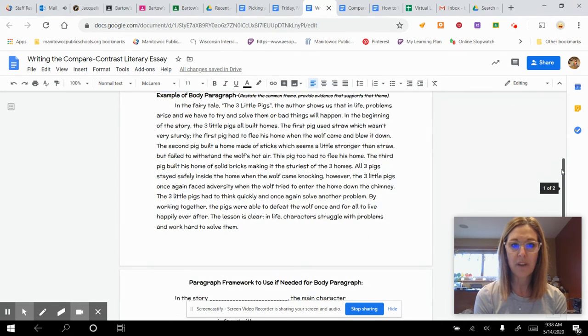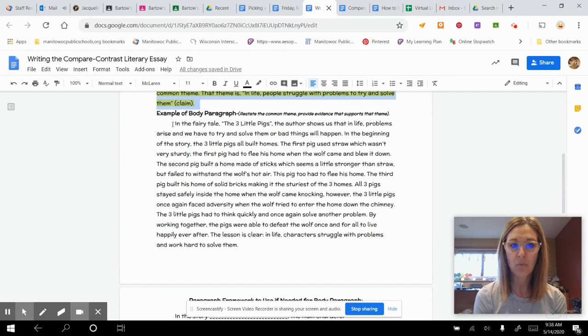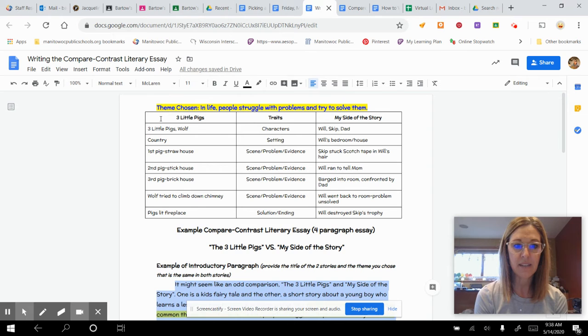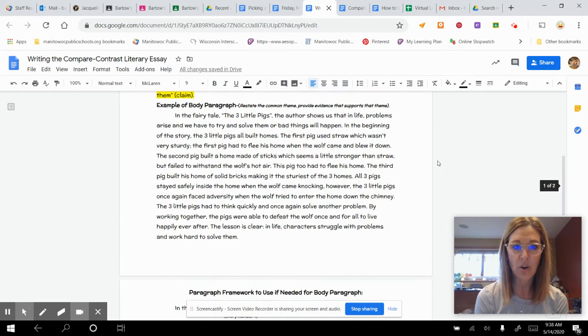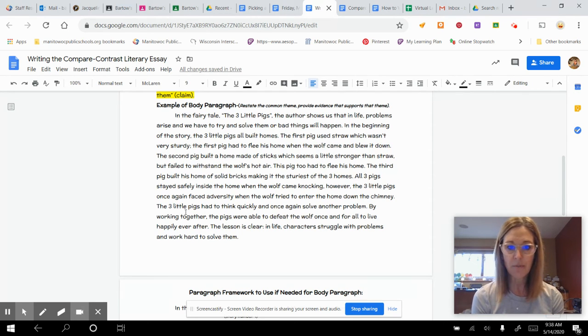I then wrote my first body paragraph, which is based on only one side of the chart, the Three Little Pigs. So I wrote one paragraph that talked all about the Three Little Pigs and how each pig struggled with a problem, and ultimately they learned how to solve that problem when faced with the adversity.